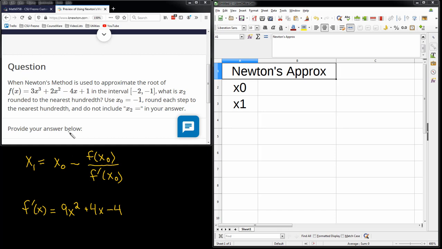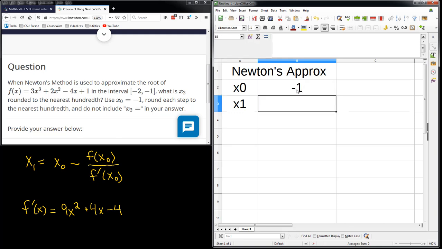So, what's the problem here? We want to use Newton's method to approximate the root of this function in the interval from -2 to -1. The problem wants us to find the second approximation you get from Newton's method, and it tells us the initial guess to use. x0 is the notation we use to denote the initial guess.